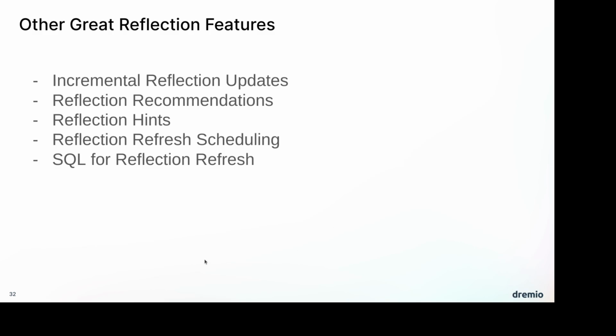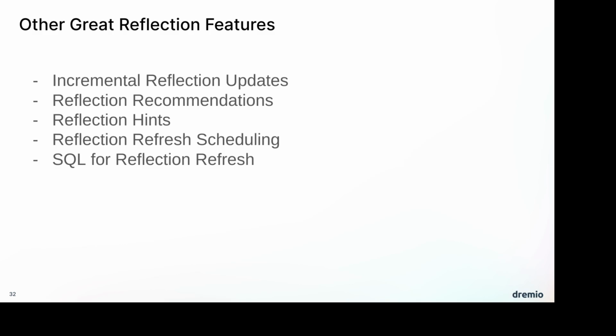So there's a lot of other great features that exist for reflections. Okay, it's not just aggregate and raw reflections. In the last year, we've introduced incremental reflection updates. So before, what would happen is that when a reflection refreshed, it would rerun the underlying result. So basically, it would have to rebuild the thing, which is fine.